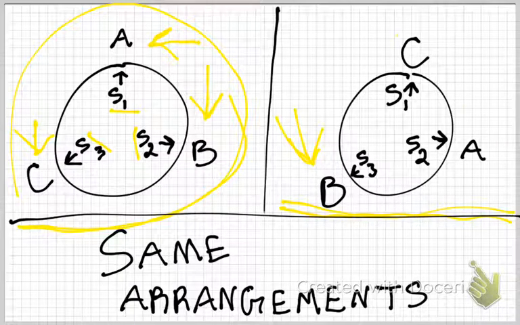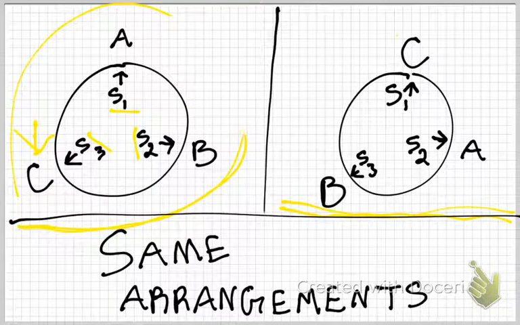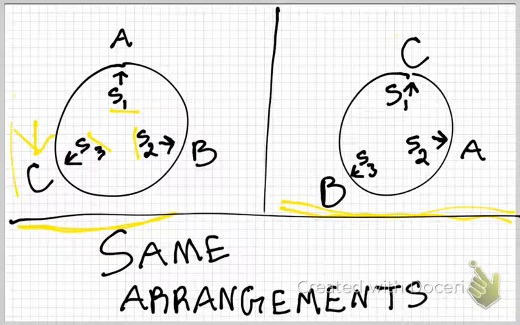Now, why are they considered the same arrangement? Well, with circular permutations, the uniqueness of a permutation is based on where the people are relative to the people around them, or not people, where the objects are relative to the objects around them.